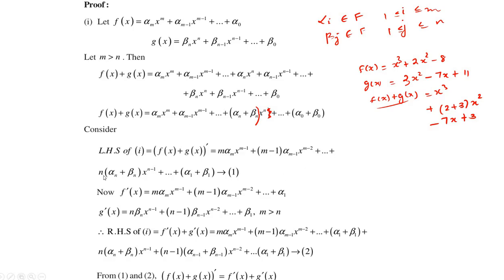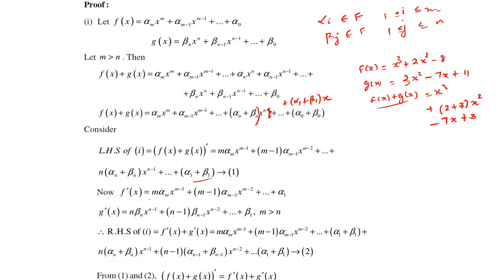Here when you write it, it is n times x power n minus 1. This constant will be untouched. So you have this up to the previous term, which we haven't written here: alpha 1 plus beta 1 x. On differentiation, that will give you just alpha 1 plus beta 1. We shall name this as 1.